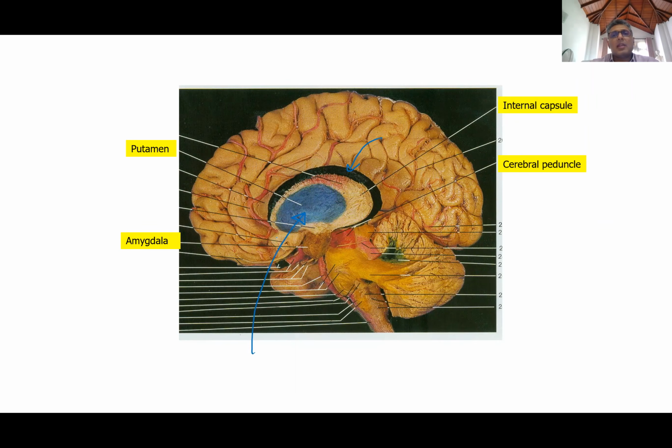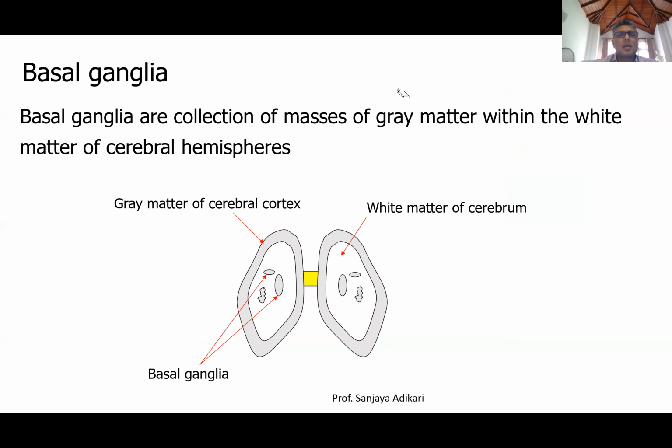Between the thalamus and the lentiform nucleus, you get the internal capsule fibers coming out. This is not a very good diagram for that purpose. That is the internal capsule and the corona radiata radiating from it. A few things about basal ganglia now; I'll come back to the internal capsule later.